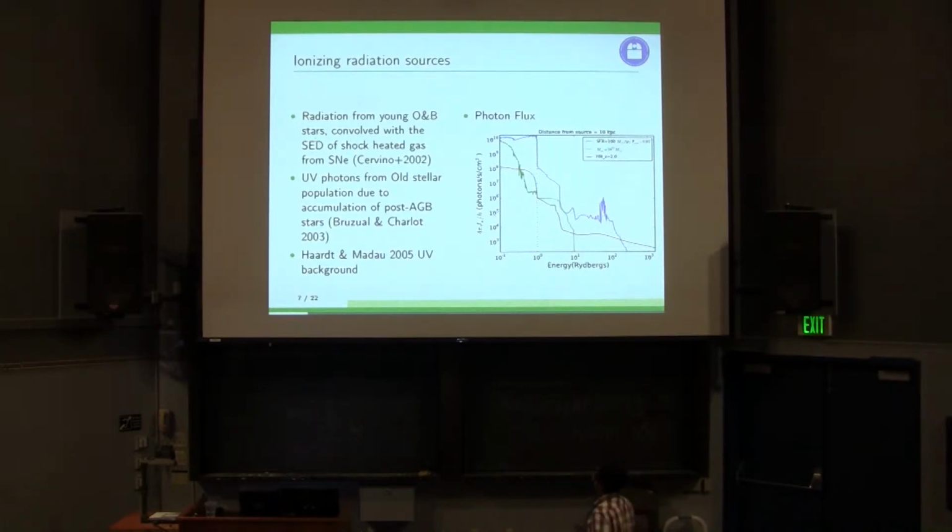The other one is post-AGB stars, which was explained in quite some detail by Charlie Conroy yesterday. You can also use that SED. Although the flux of this SED is very low per star, because they last very long, the cumulative effect can be quite important. So in my simulations, as I'll show later, I include all 3 SEDs to calculate my cooling.